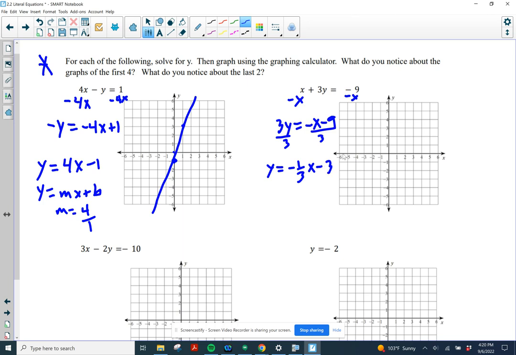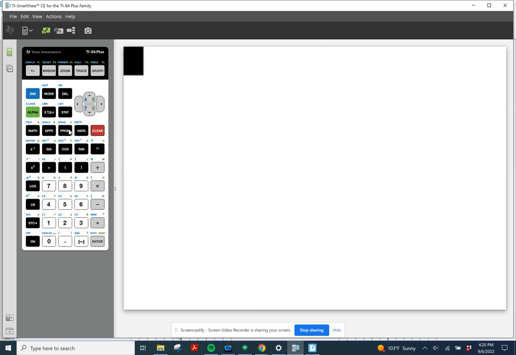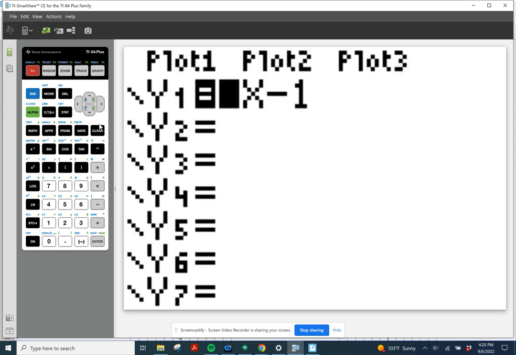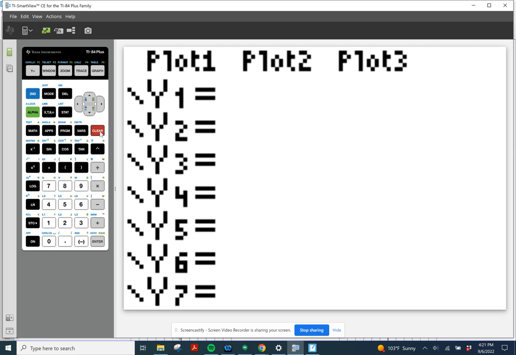Okay, and if we go back to our calculator and we graph that, I'm going to clear out the one I had. So I'm going to clear out the one I have and push the y equals again. Okay, let me show you again. So we push the y equals, clear out what's there, and type in the new one. So I'm going to do 1/3. I'm going to put it in parentheses.